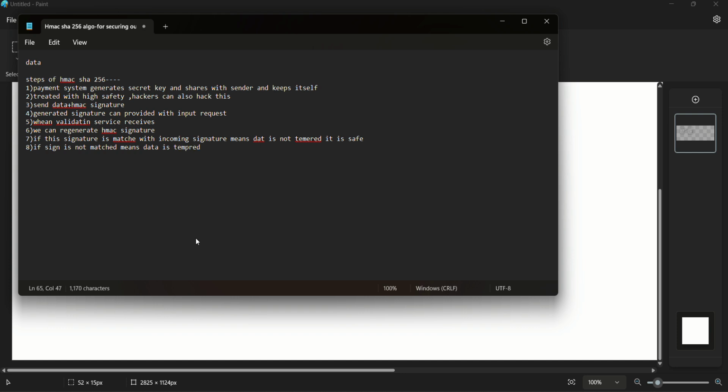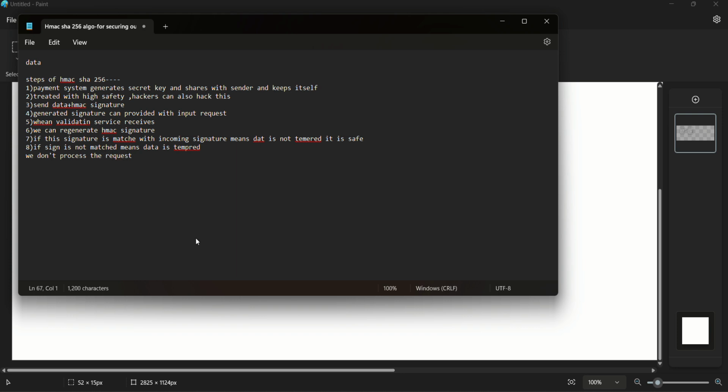Attackers can still modify data but will never be able to create exactly the same HMAC signature, since the secret key is not there. Whenever the signature mismatches, we don't process the request. We don't process the request if data is tampered.